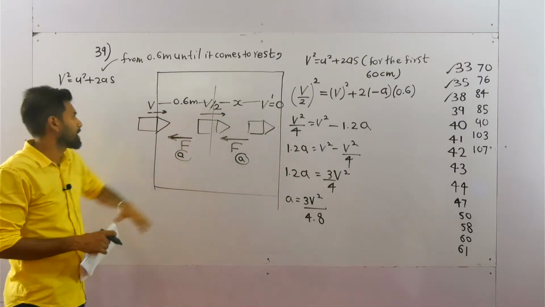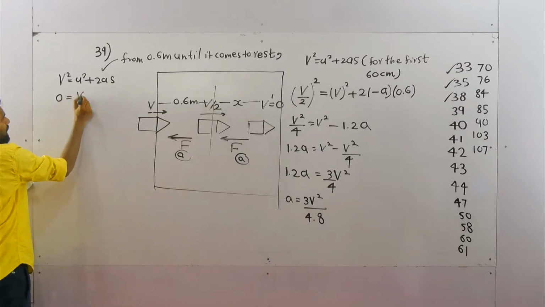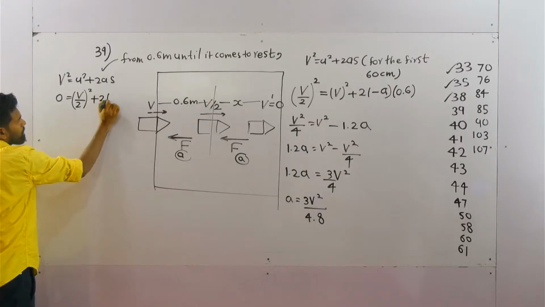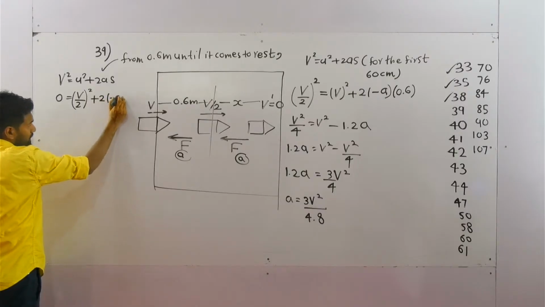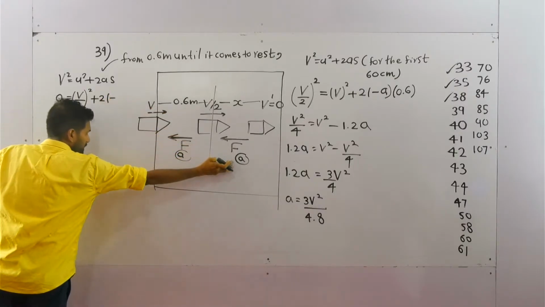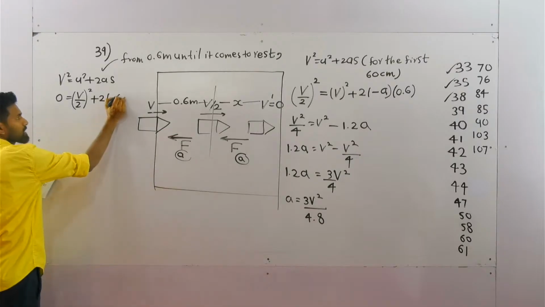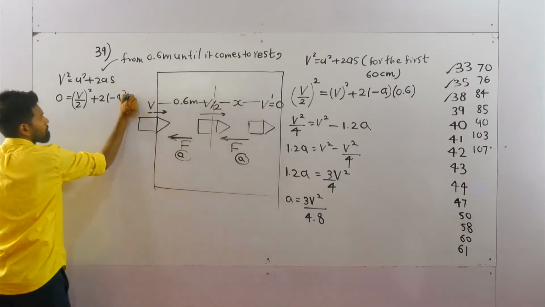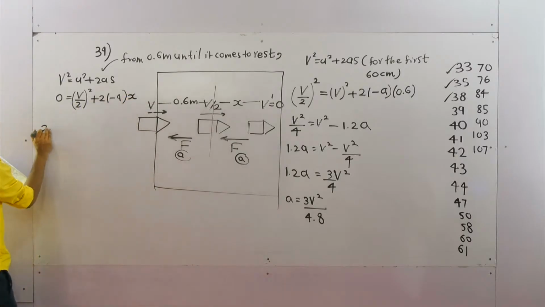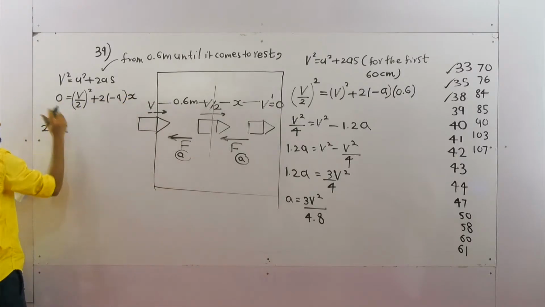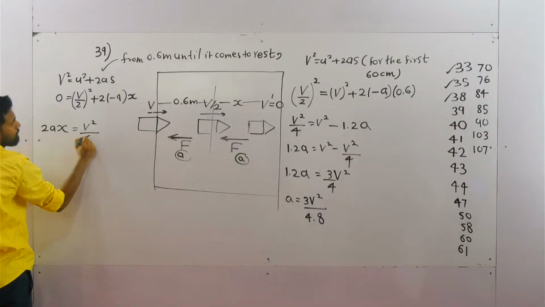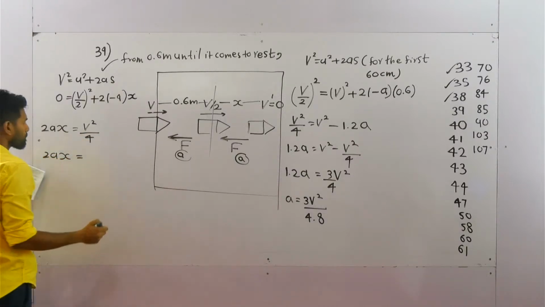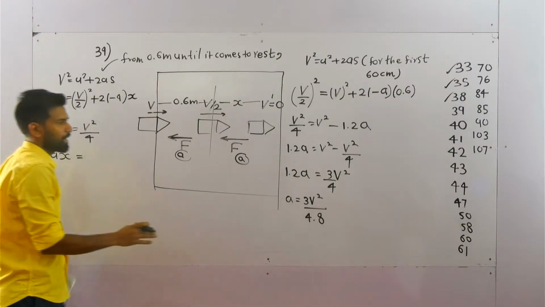At this position, it's v over 2. I'll take it as the initial velocity, plus 2. The deceleration is minus, so it's a minus acceleration, 2 into minus a. The further distance is x. So 2ax. 2ax is equal to v square over 4. So what is v square?